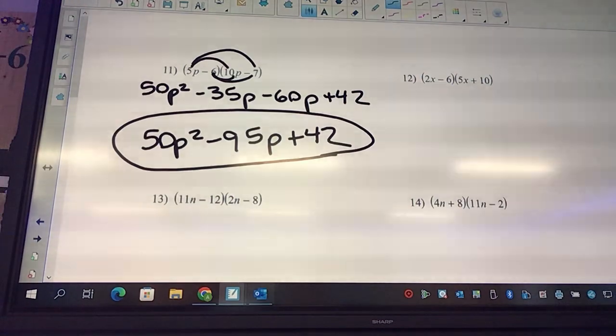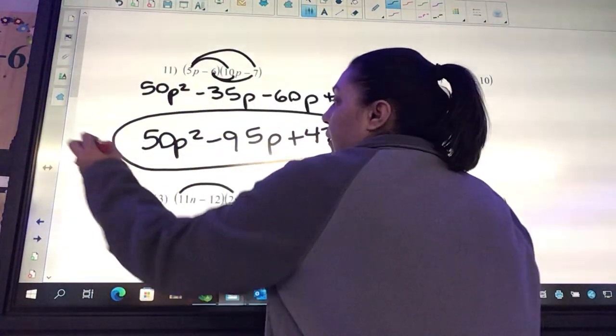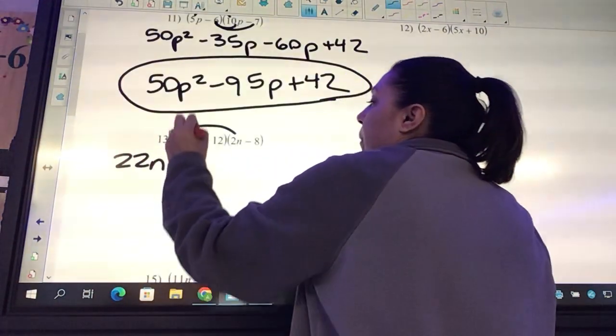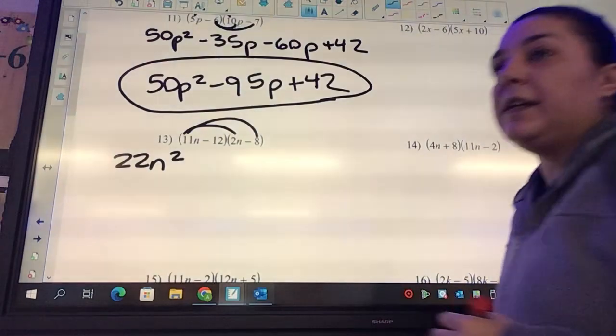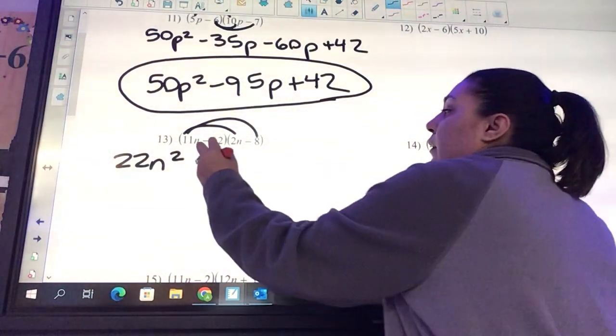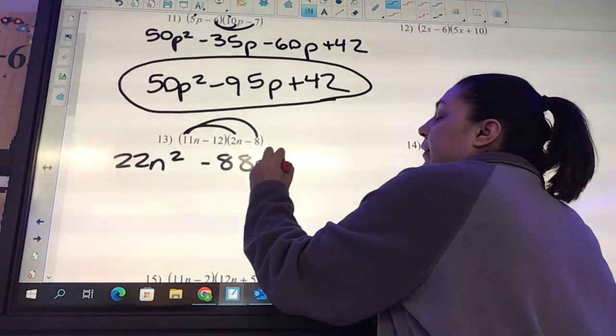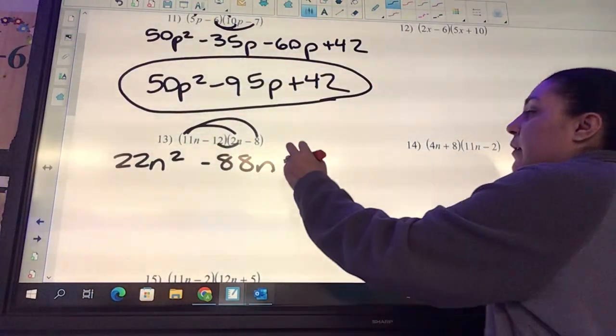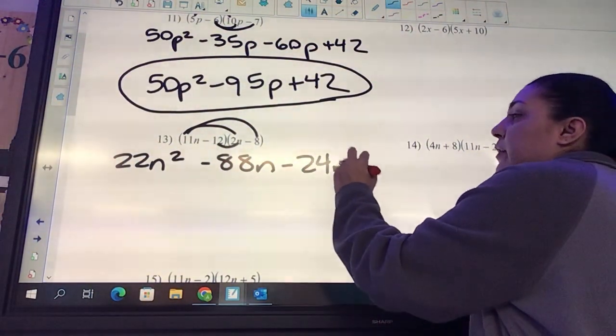Okay, 13. 11 times 2, 22n2. 11 times negative 8, negative 88n. Negative 12 times 2, negative 24n.